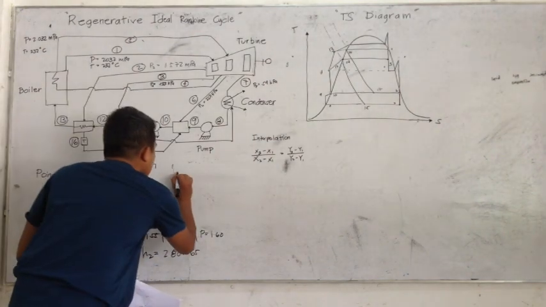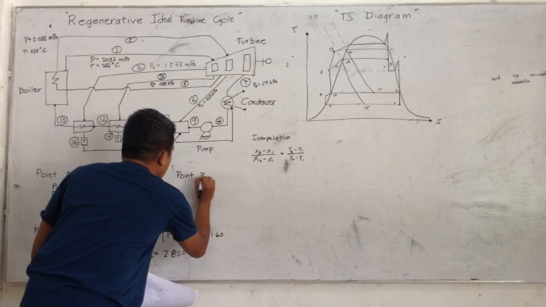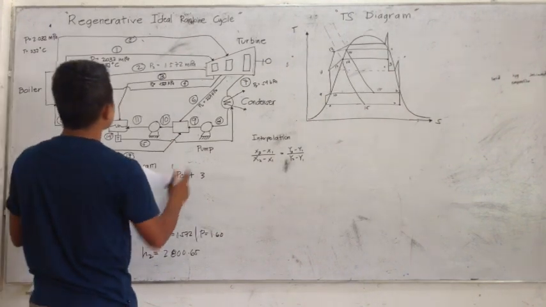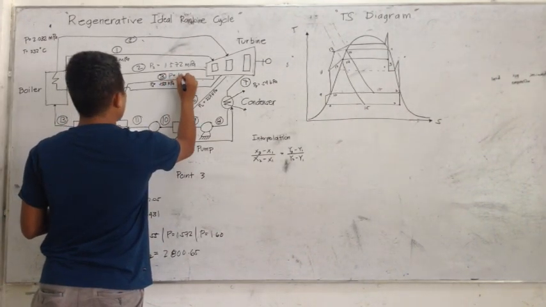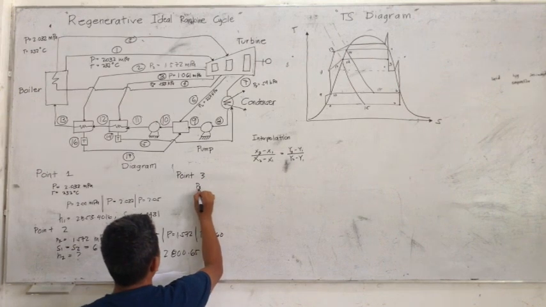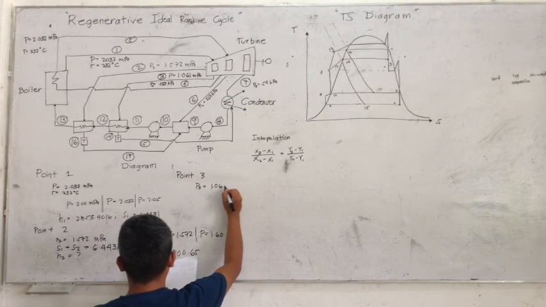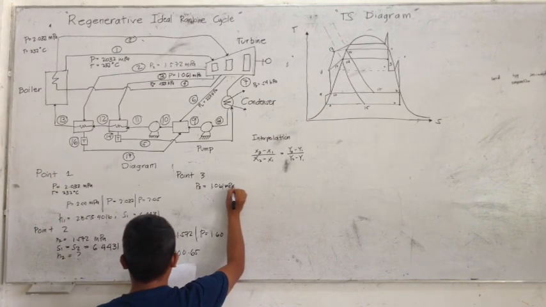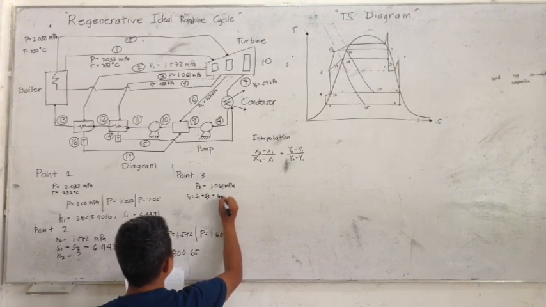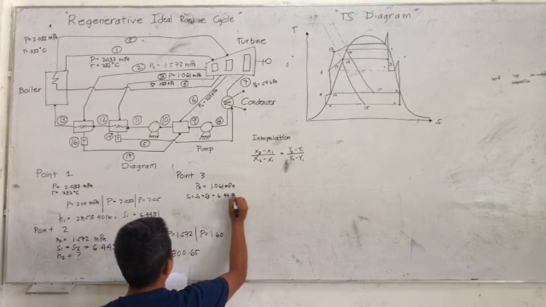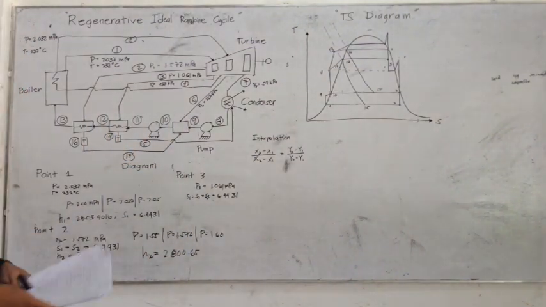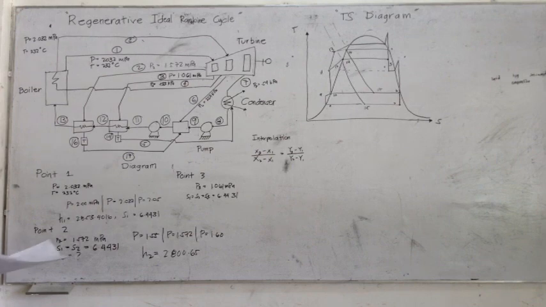At point 3, the pressure P3 is 1.061 MPa, and S1 equals S2 equals S3, which is 6.4431. The missing part here is H3.